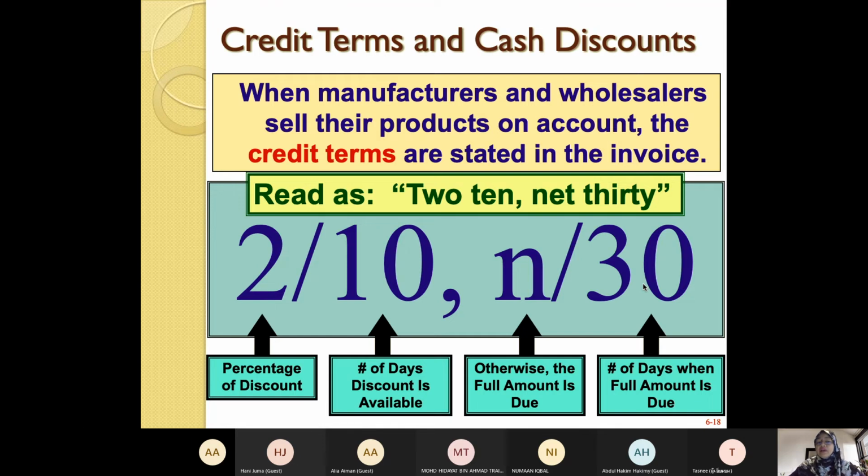You have to look at the date of your purchase. When you purchase from your manufacturers, look at the date of the transaction and the date of the payment. If the payment is within 10 days, you only pay 98% of that, and the 2% is given as a discount. But if you pay after 10 days, you have to pay the full amount.